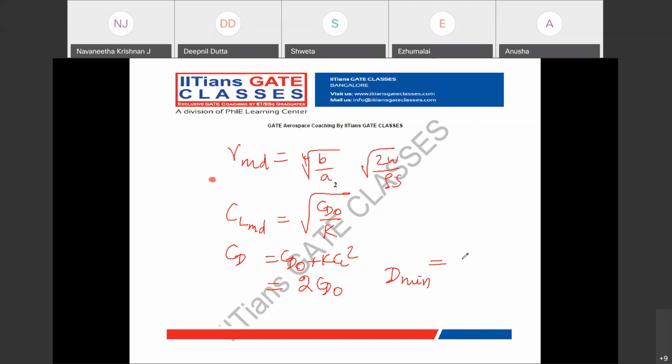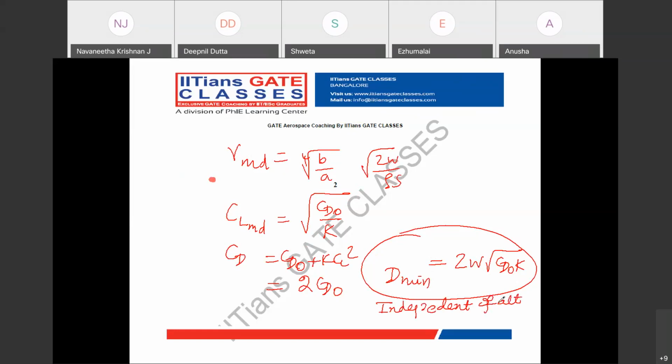My drag minimum will become 2W into root of CD naught K. From this equation, we understand that drag minimum depends upon weight, but it is independent of altitude. Why? Because there is no density term. It depends upon weight.